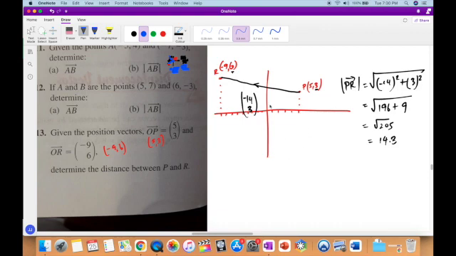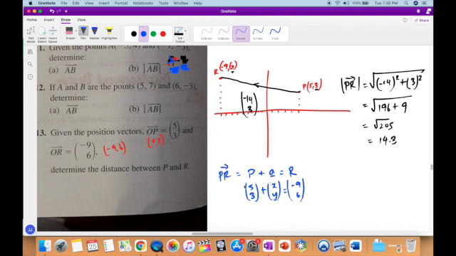Remember, if you wanted to do it the translation way, you want to find PR, right? So you had to say that the point P is being added by some vector to give me the point R. So the point P, which is (5, 3), is being added to some vector (x, y) to give me R, (-9, 6). So it's not a matter of just adding them, it's a matter of knowing the theory, right, Shizzy?